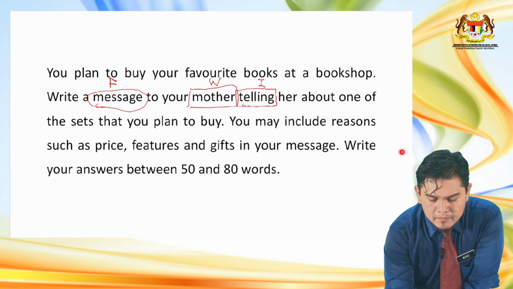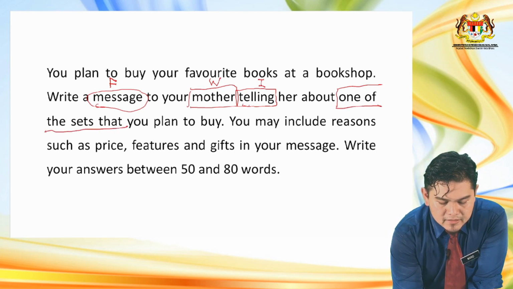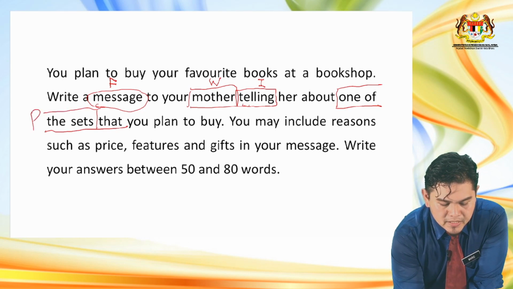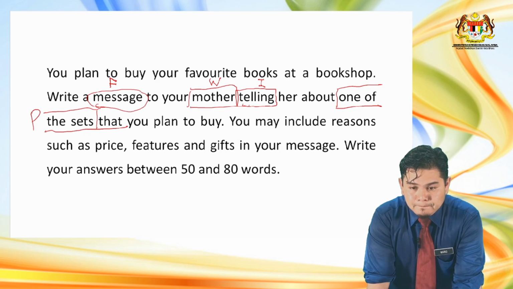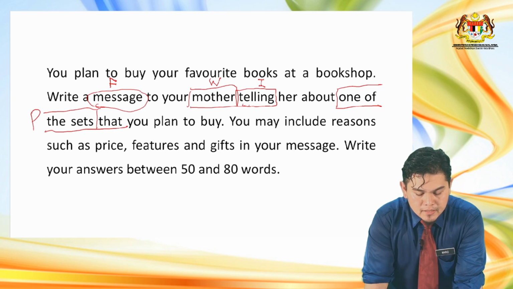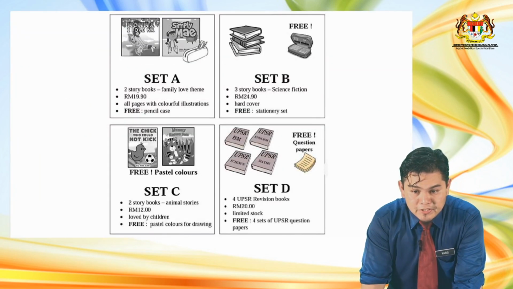So it has been made clear to you here. One of the sets. So this is the first P, point. Can we buy 2 sets from this stimulus? No, cannot. We only have to choose one set.